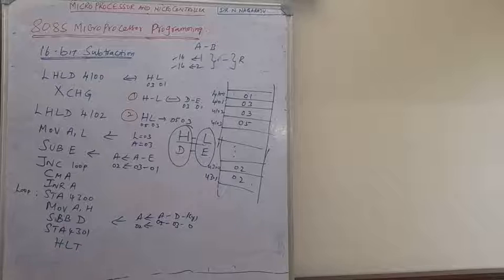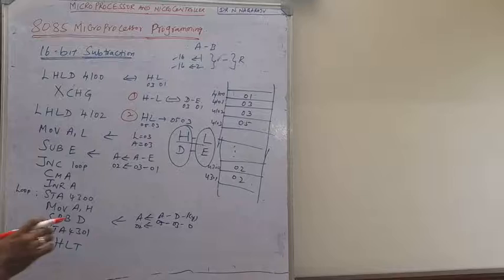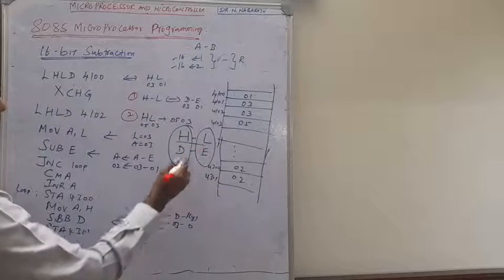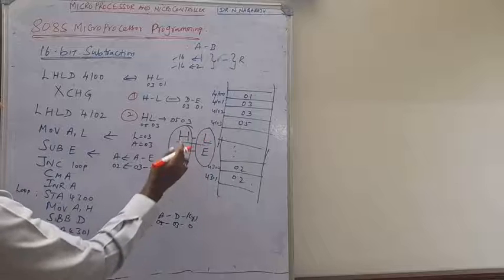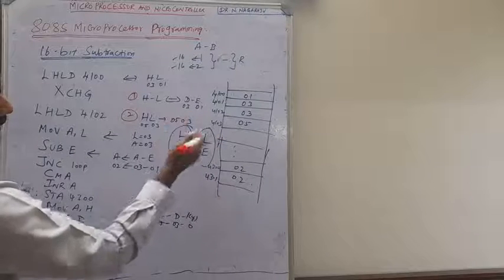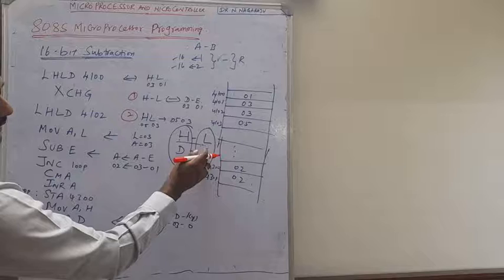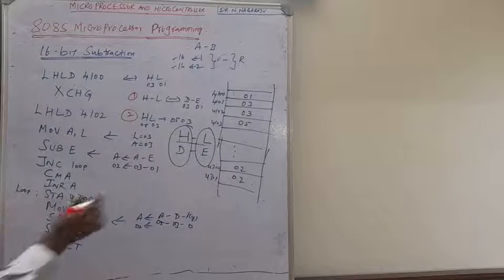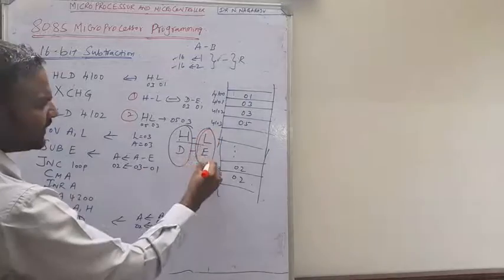So this is the basic program. Why am I using SBB D? In this example, I took the HL data as the higher number, and the D and E data as the lower numbers. So this program is applicable here.